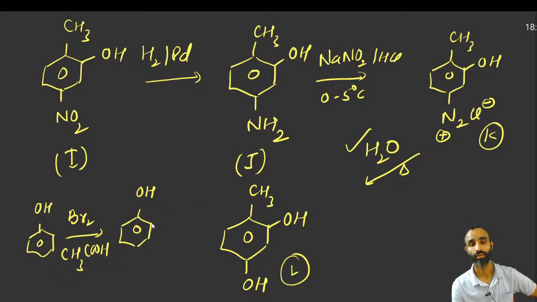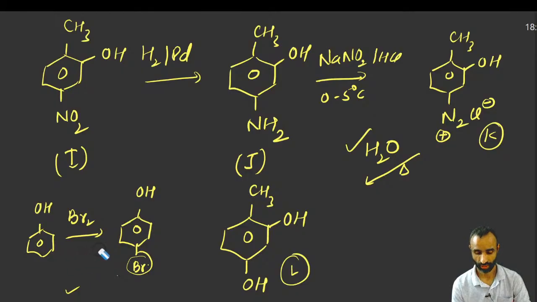Yes, bromine in CS2, bromine in water. That is with NH2 as well. So we get para-bromo product. With bromine water, we get 2,4,6 tribromophenol, white PPT, right? So bromine in CS2, we get this product. Bromine in water, acetic acid, or we can use even simply CS2.